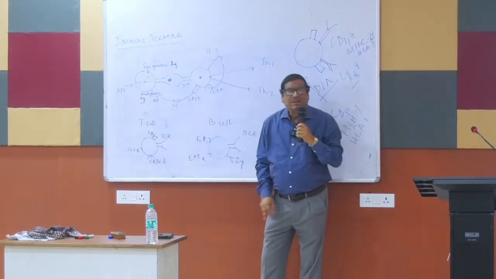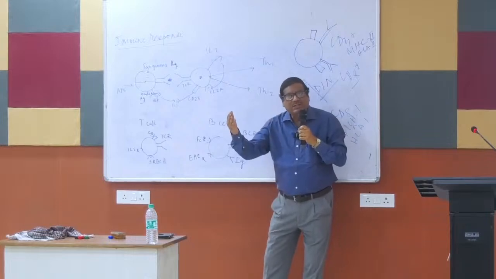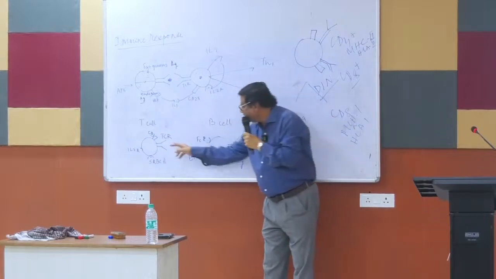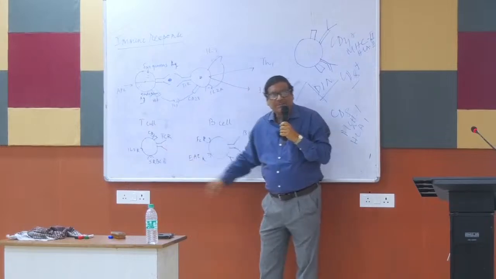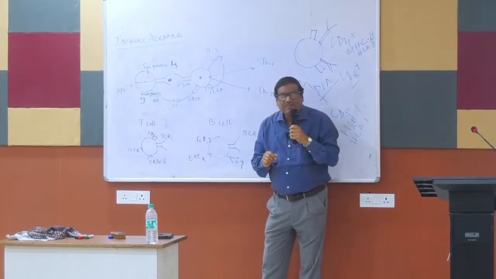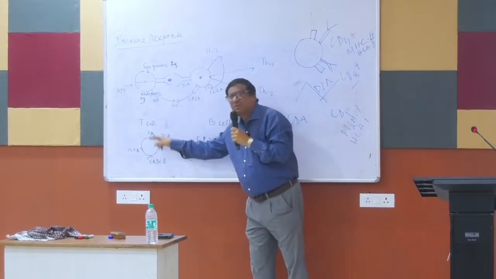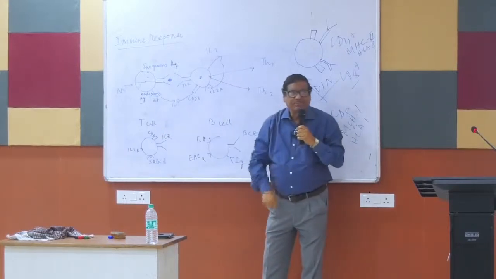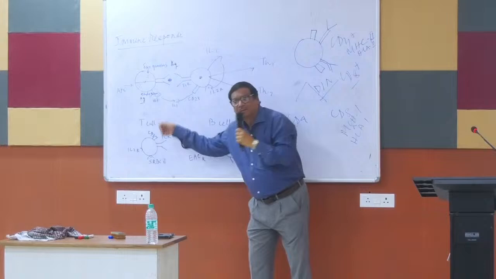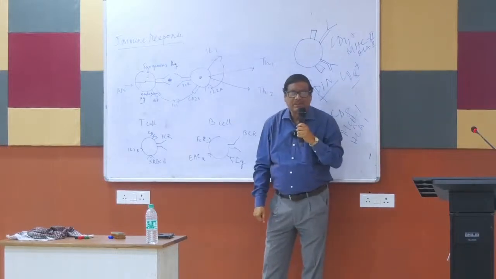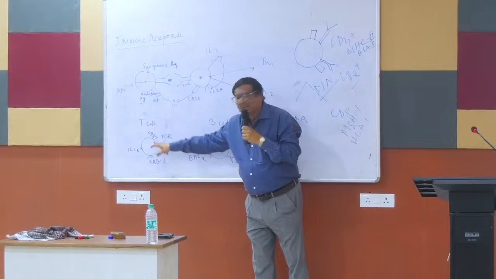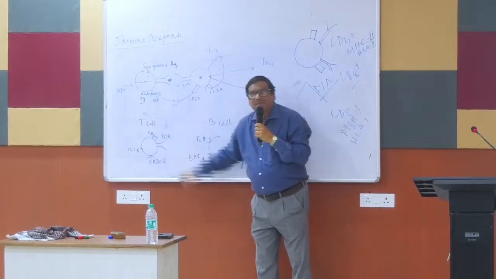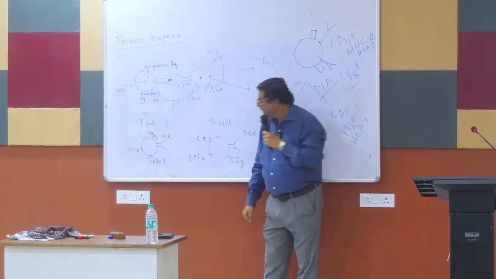CD3, a cluster differentiating cell, to identify any antigen within the group of the TCR, is the signal transmitting cluster. They transmit the signal inside. So that is CD3, which is present outside the T cell.